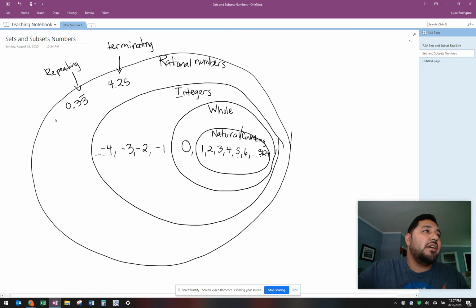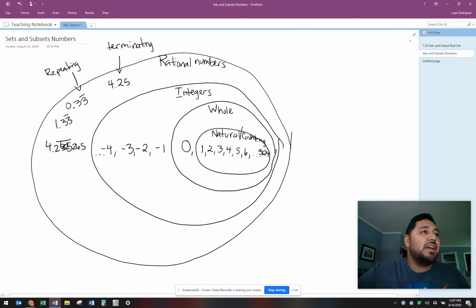So you can have 1.33 repeating forever. You can have a lot of different types of repeating decimals. But when you start dividing something and you're getting a repeating sequence, it could be just one number repeating, or it could be something like 4.265265, and it just keeps repeating.